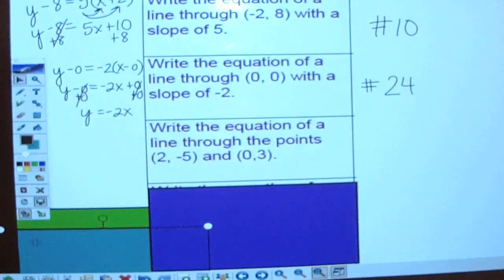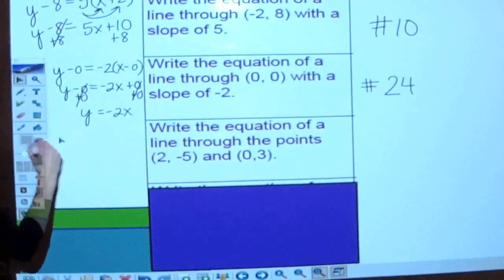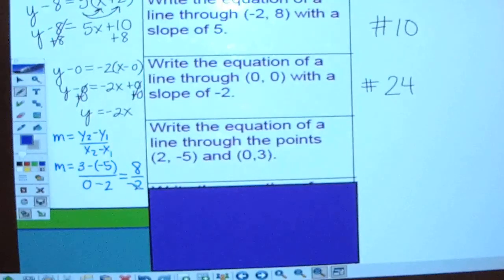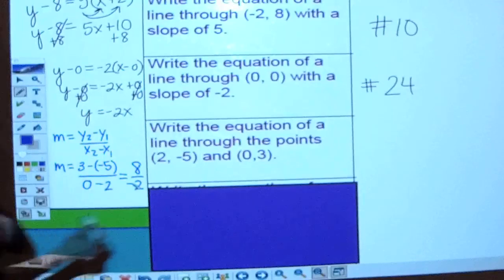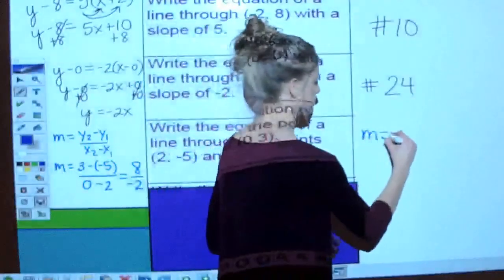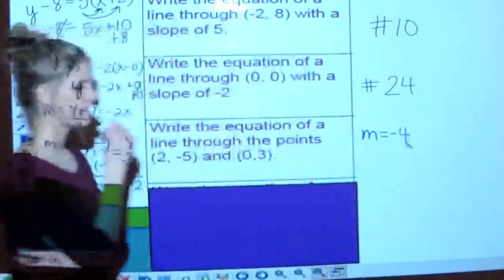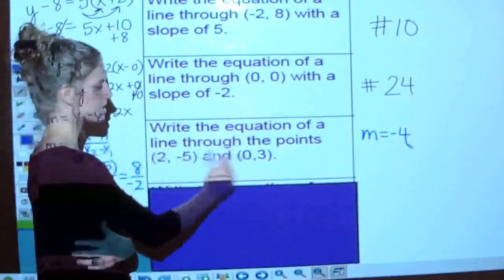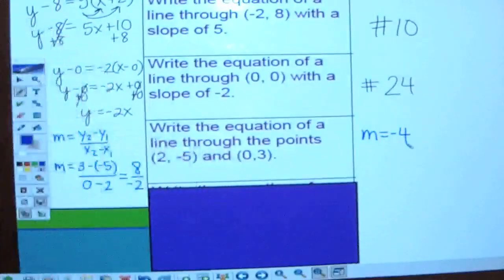Okay, on this one, how do I write an equation? Let's start with 8 over negative 2. What's the slope? Negative 4. So if I want to find the equation, we could do point slope form, or actually just looking at this, I know that one of these is the y-intercept.